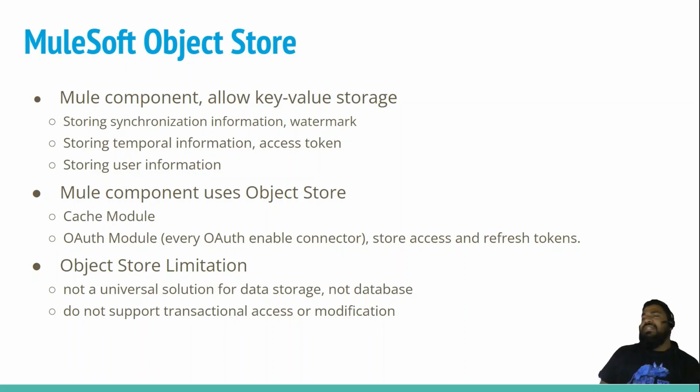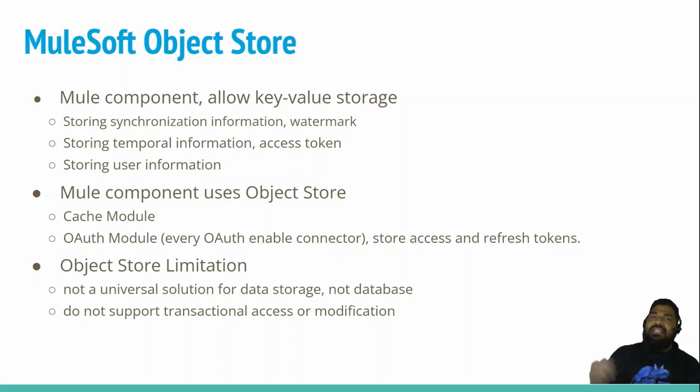One way is to generate a token every time. The other way is to generate a token once and store it in the object store, and whenever we have a call, we just retrieve the token from the object store and send it to the target system. So multiple endpoints can use the same data via the object store, and we can also store user information. Those are the cases I've explained where we can utilize object store functionalities.